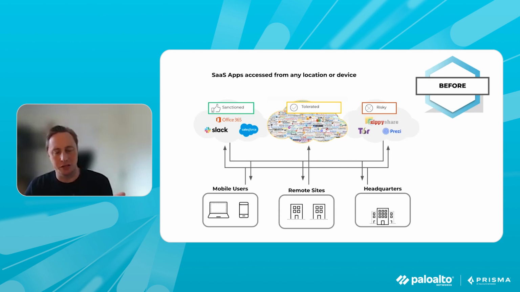So one of the advantages of Prisma Access is, and actually it's not limited to Prisma Access, this capability, this inline SaaS security and DLP, can be applied as a license to all of the Palo Alto estate, to firewalls and VMs and so on as well.